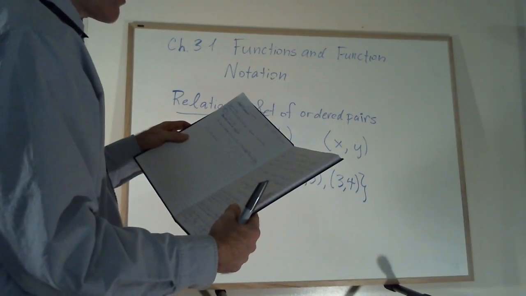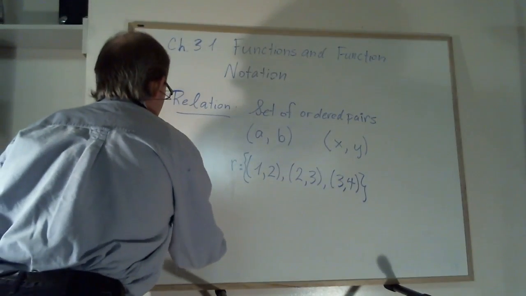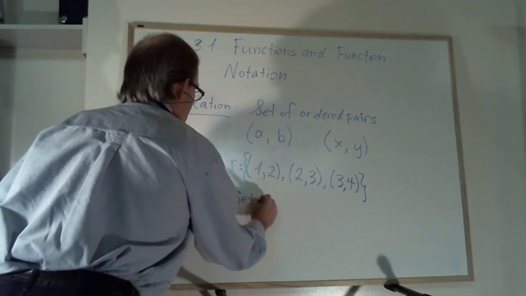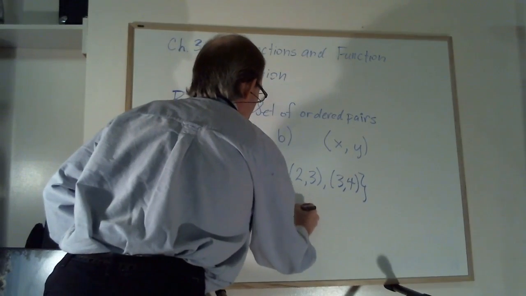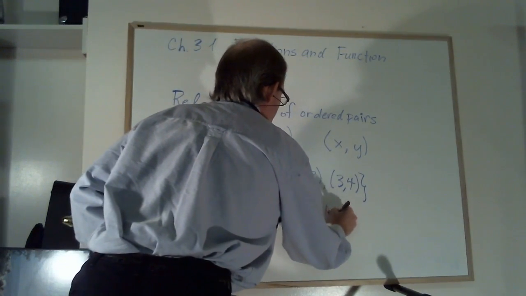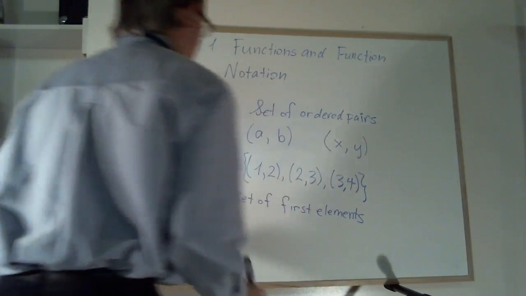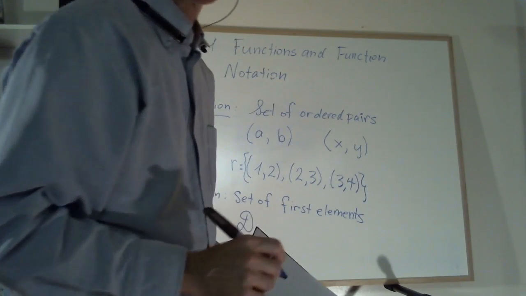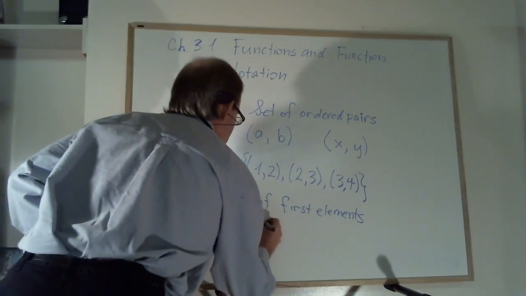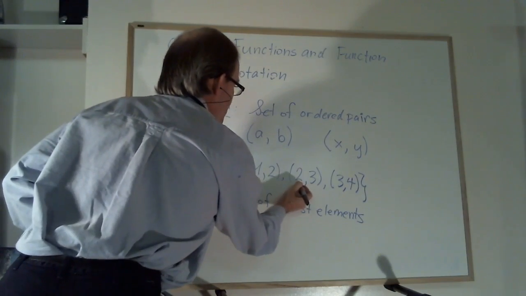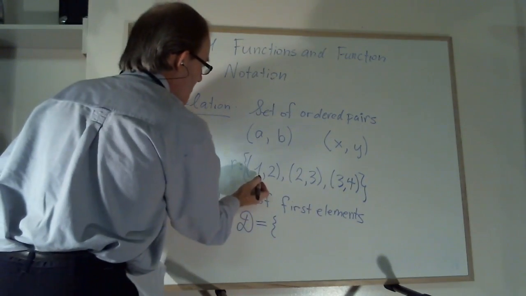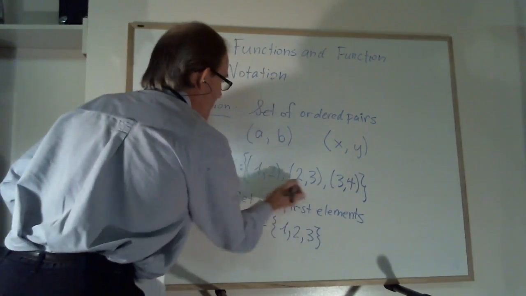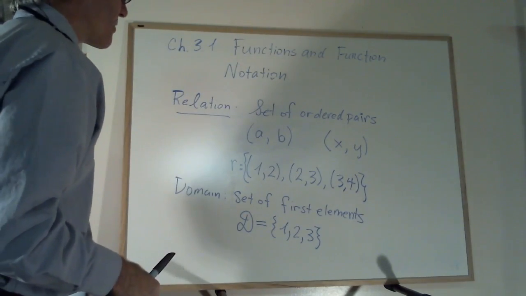All right? Now the domain of a relation is simply the set of first elements of each pair. So the set of first elements will be, and it's called D. So I write a curly D. So in this case, D is the set {1, 2, 3}. So the set of elements consisting of just 1, 2, and 3, because those are all of the first elements in each of the ordered pairs.